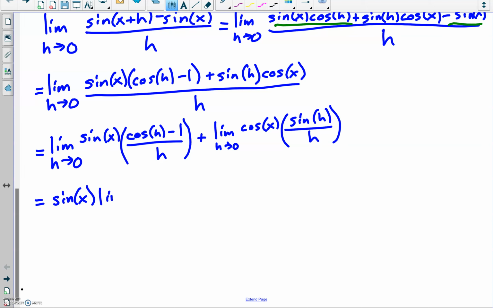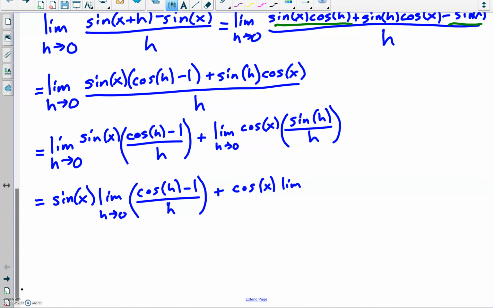And then I'll have this limit as h goes to 0 of this cosine of h minus 1 all over h. And this thing's being a little slow, so let's try that again. There we go. And then similar thing on the next one. Cosine of x doesn't have an h in it, so that's technically a constant relative to that limit operation. So I'm going to go ahead and just bring that out front. And then we got the sine of h over h.